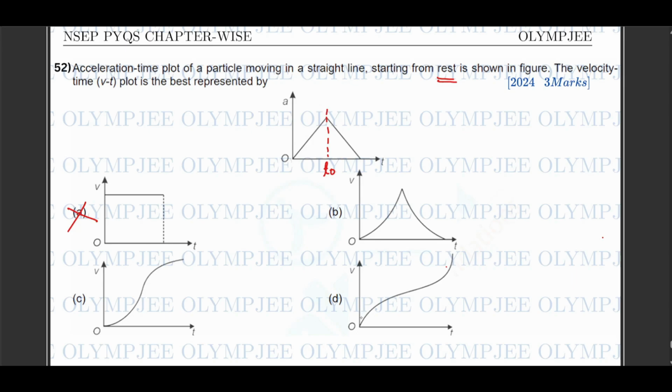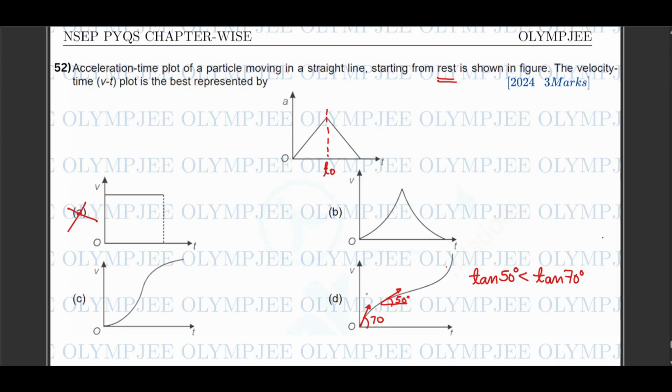But in option D, assume this is the slope here and assume this angle to be 70 and this angle is obviously less than 70. So tan 50 is less than tan 70. You know that.